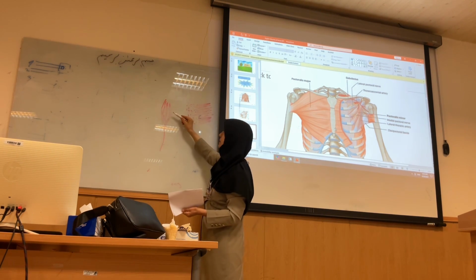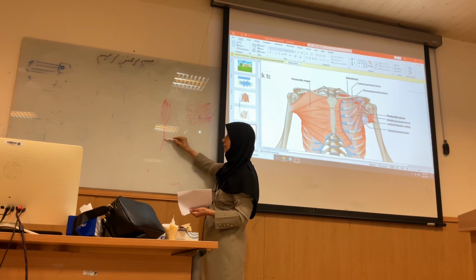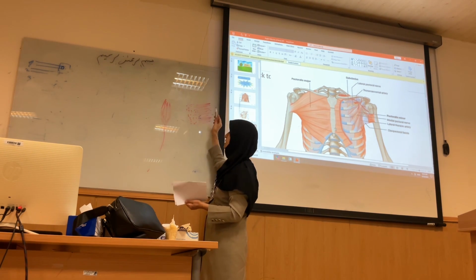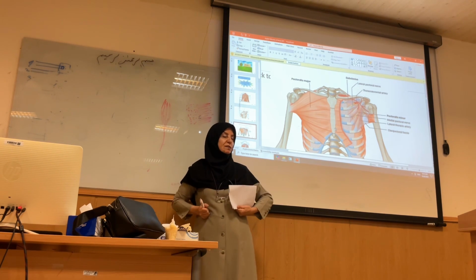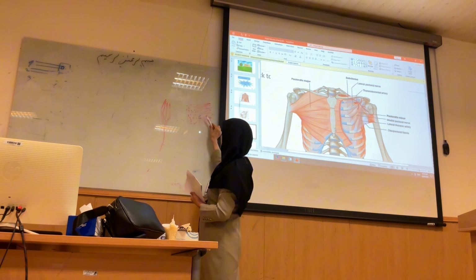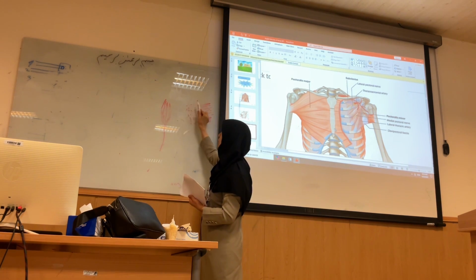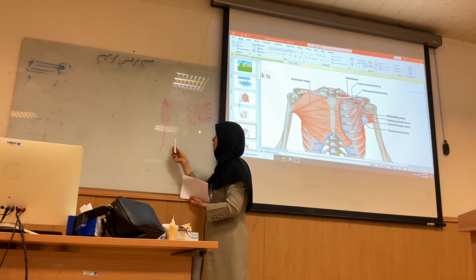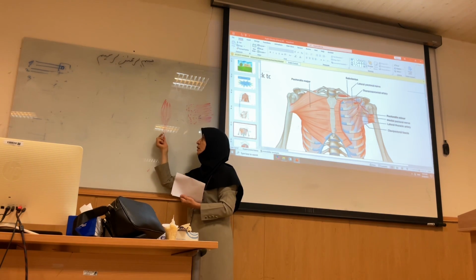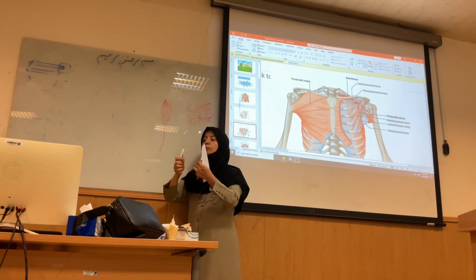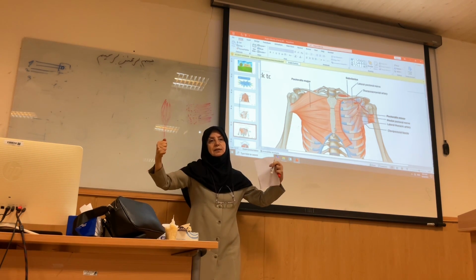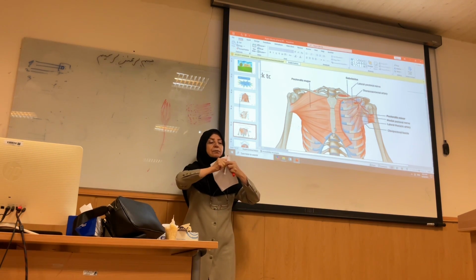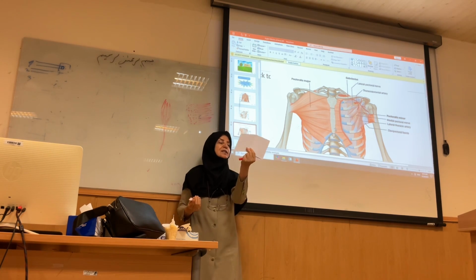So some of the muscles are continued to a tendon. Some of the muscles, such as the external oblique, internal oblique, and transversus abdominis, because they are flat, broad and thin, are continued to the aponeurosis. Aponeurosis is a structure such as the tendon, but imagine this tendon stretched and folded into this shape.